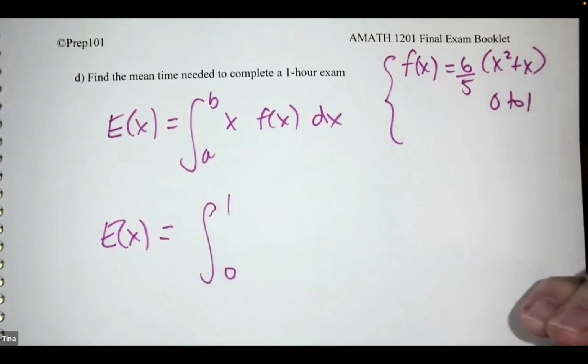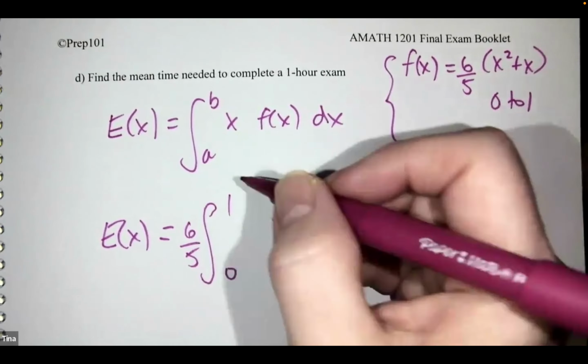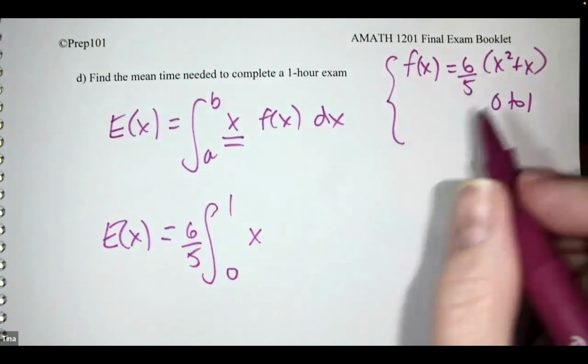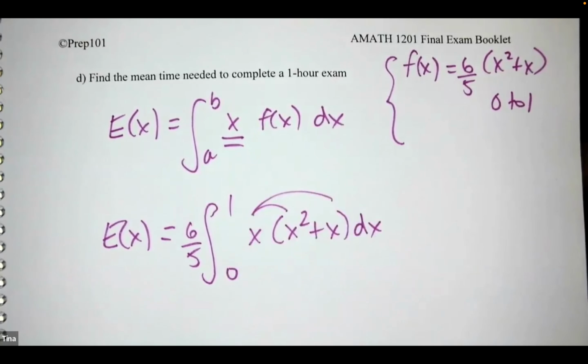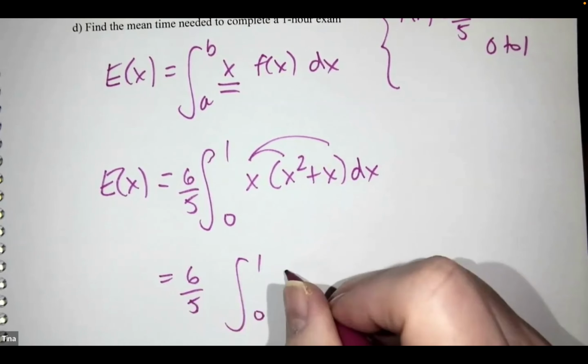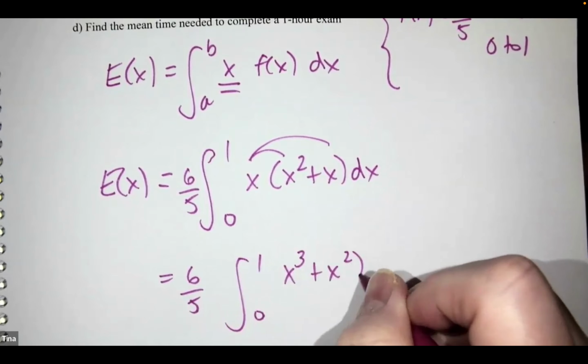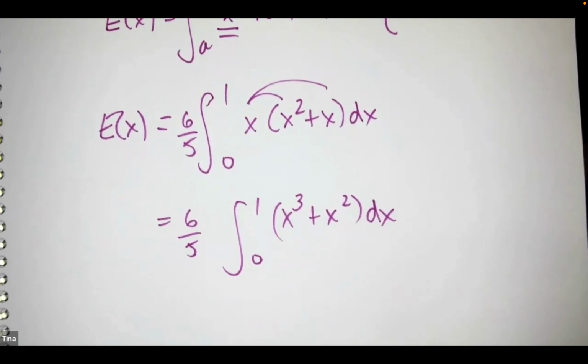So it would be the integral from 0 to 1. Throw the 6/5 out here if you want. And it's x times the function x squared plus x. So don't forget, we'd have to multiply it out first. So it'd be x cubed plus x squared under our integral. So what would you get when you integrate?